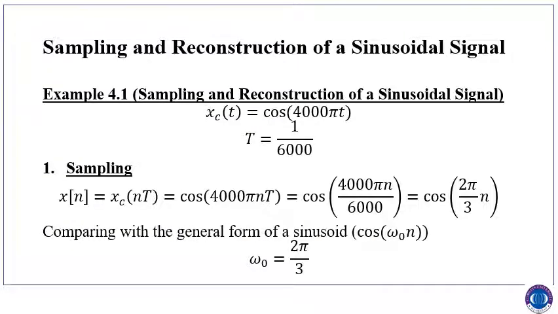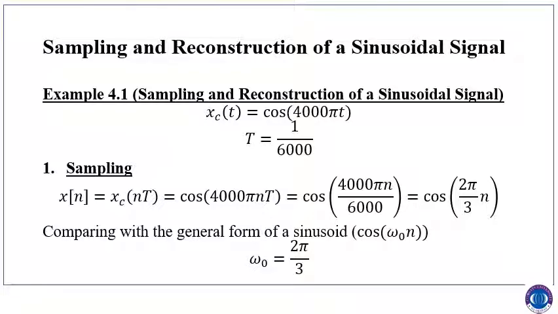As per the relationship between the continuous time signal xc of t and the discrete time signal x of n, we know that we can obtain x of n if we replace small t with nT. So xc of nT is just replacing t with nT, so the equation is the same, it is cos 4000 pi nT.